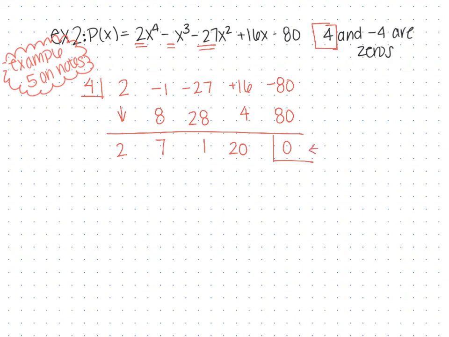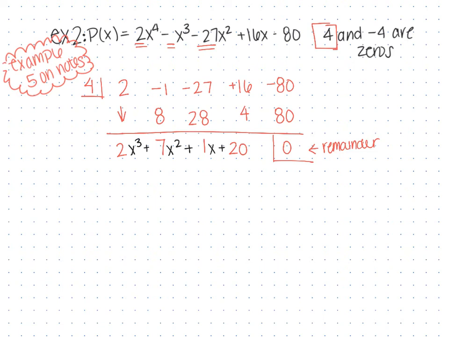So if you remember that last thing over there, that's your remainder. With these in 4.3, you'll always get a remainder of 0 because these are zeros, so they are dividing evenly every single time. So now that tells me that here is my next equation.